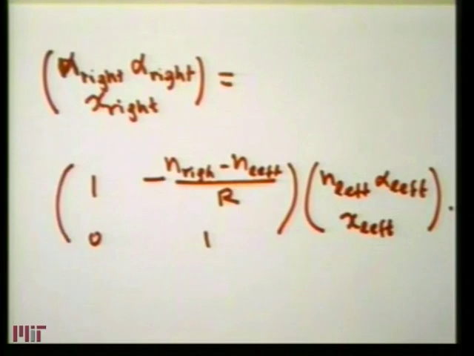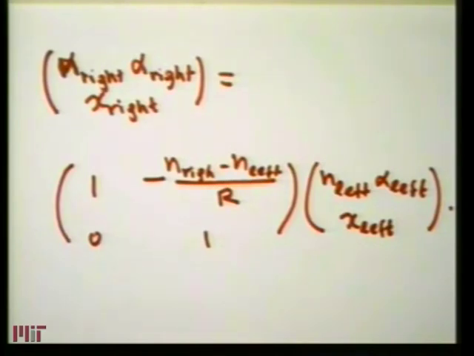So here's the equation that we get for the second interface. In this case, n to the right is 1, because to the right of this interface I have air, and n to the left is n, because to the left of this interface I have glass.